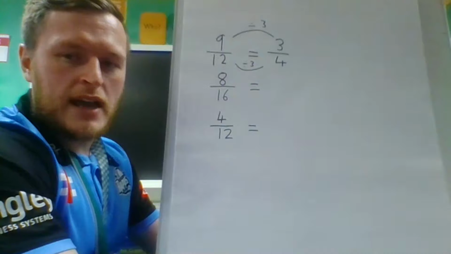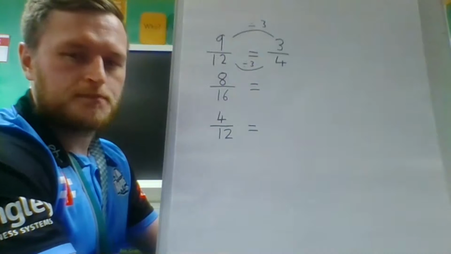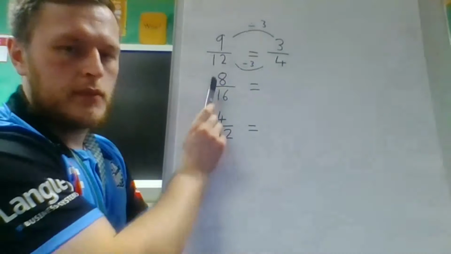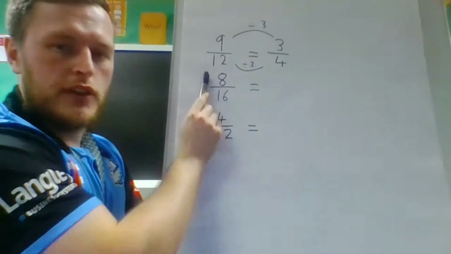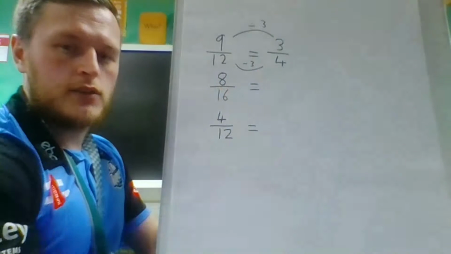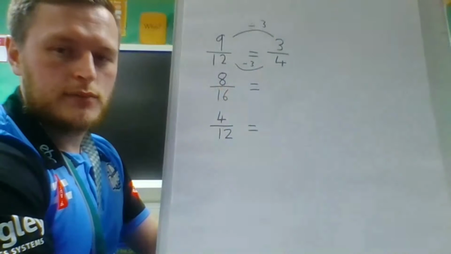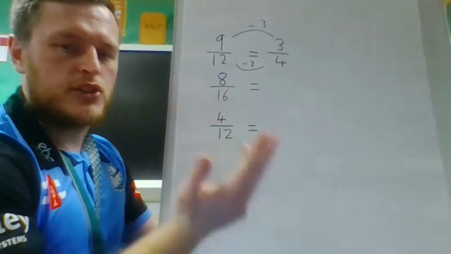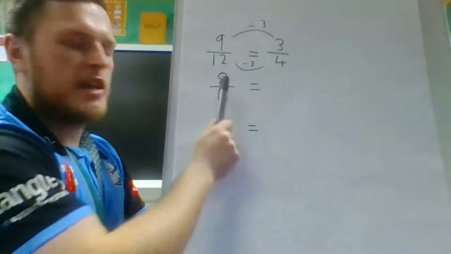I'm going to do the same with 8/16. Now, this one, they're both in the 8's, aren't they? 8, 16. So I could divide them by 8. They're not both in the 9's, or the 10's, 11's, 12's or 13's. So I'm going to do the 8's.